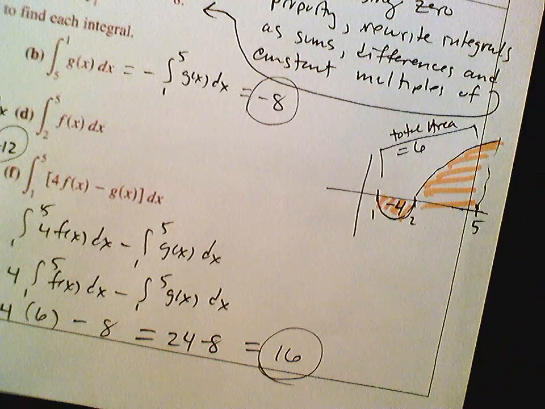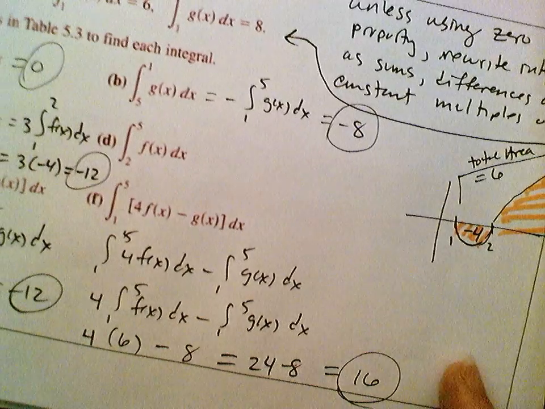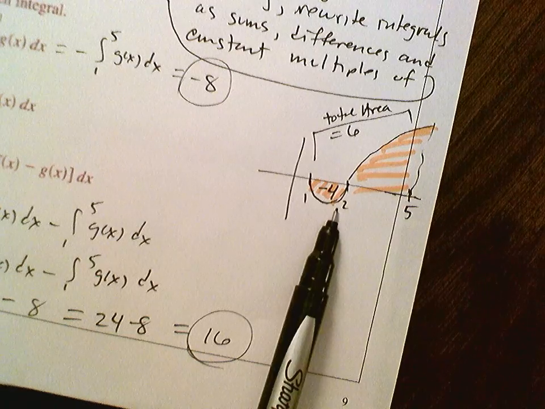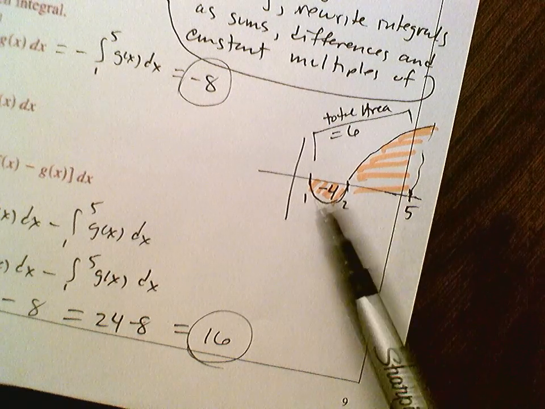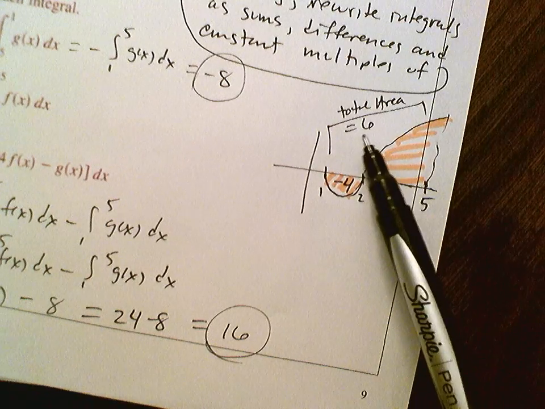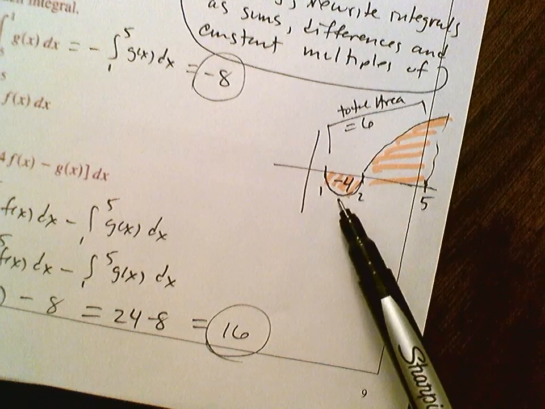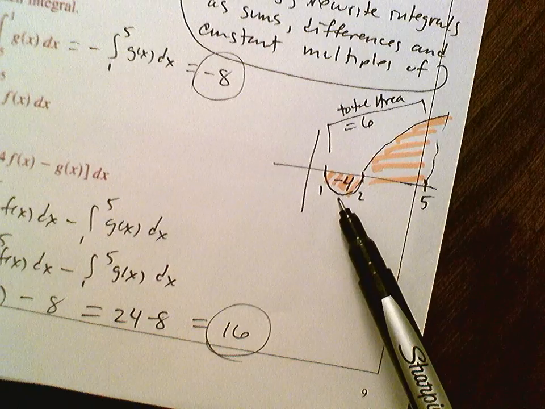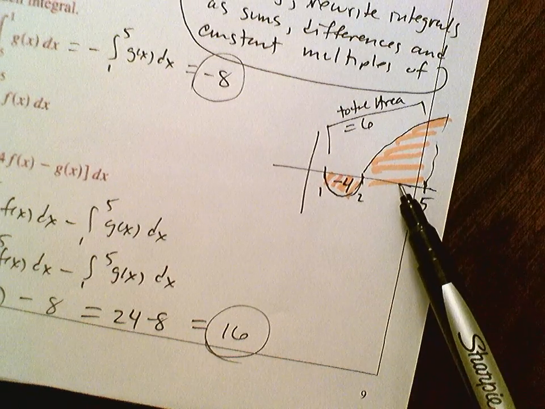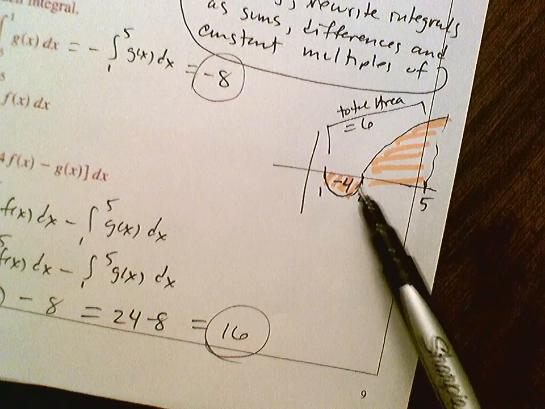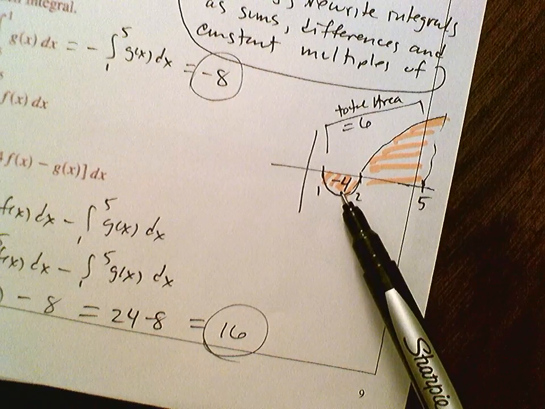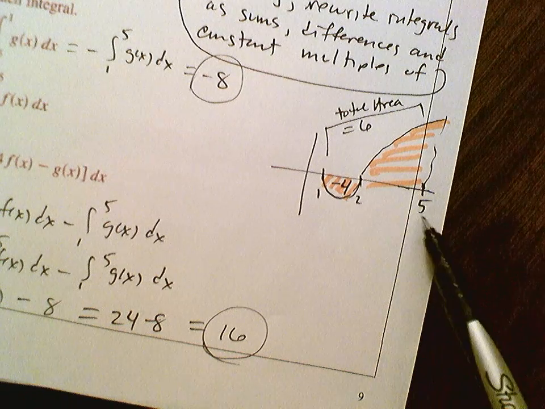And they want the area under the curve from 2 to 5. Well, I know that if I put both of these sections of area together, I will get +6. And I know that this part is -4. So I would have this positive shaded area if I just cut off this negative shaded area, if I just consider the area from 2 to 5.